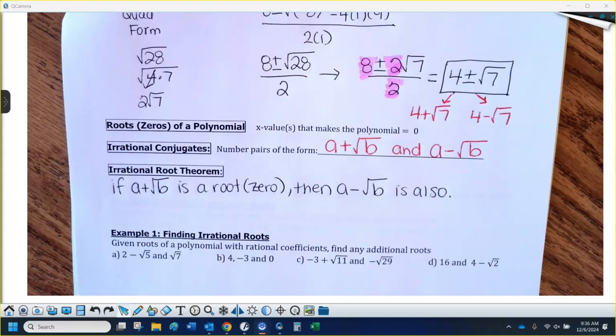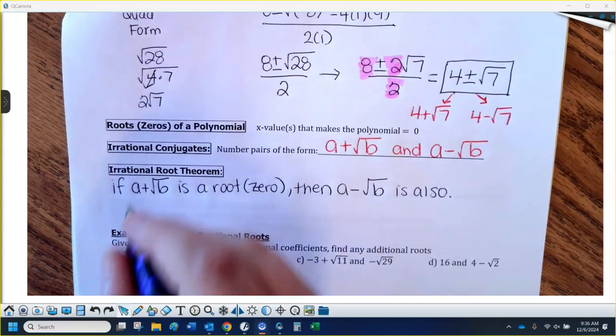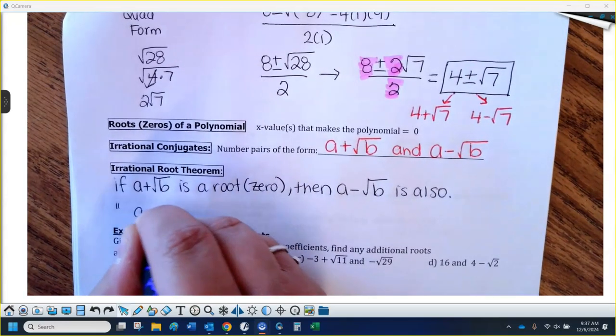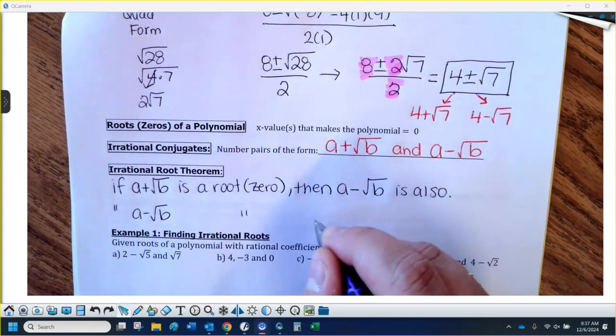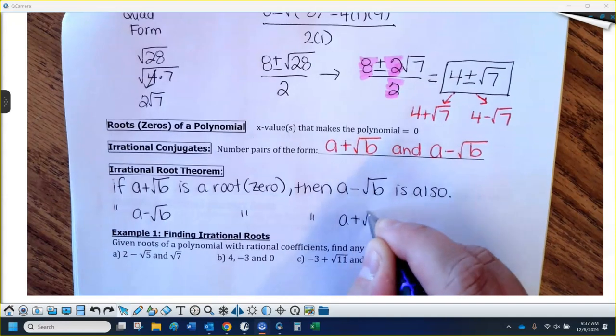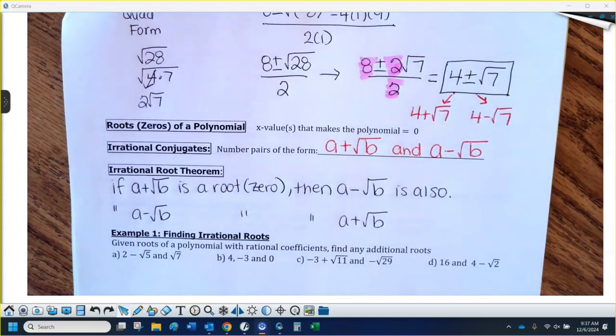And I could rewrite that theorem, you don't need to do this, but if a minus the square root of b was the root of your polynomial, then a plus the square root of b would also be a root. So if one is a root, the other is automatically also a root.